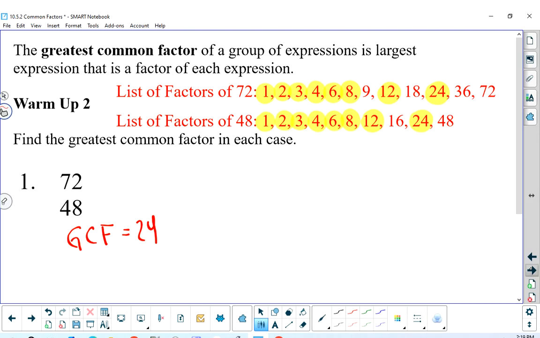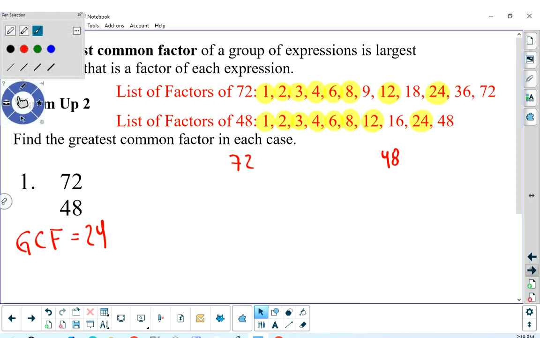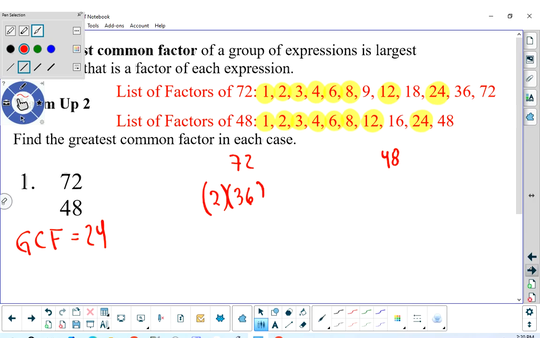The answer is you would take 72 and 48 and you would put them into prime factorization. So 72 is 2 times 36. I know many of you like to whittle things away by dividing by 2 and dividing by 2.